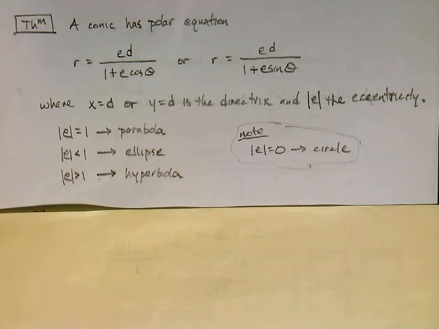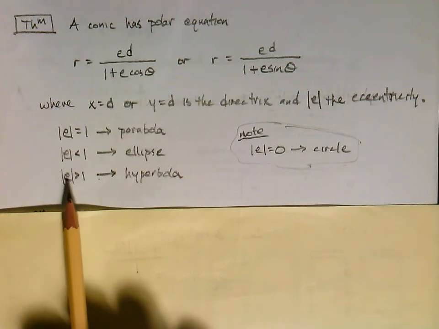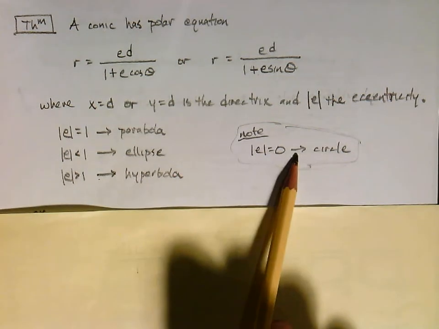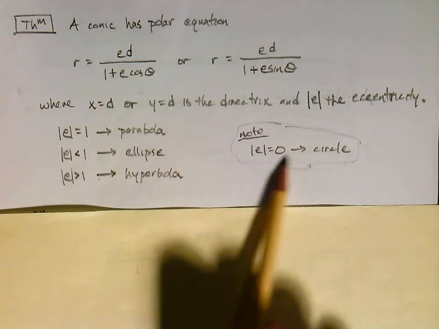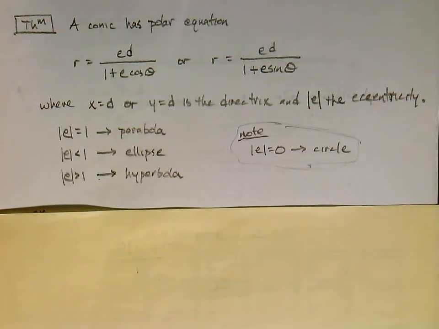The value of k that was constant, that was actually the eccentricity. Okay, very cool. Note, if your eccentricity goes all the way down to 0, then you've got a circle. Very cool, very nice.